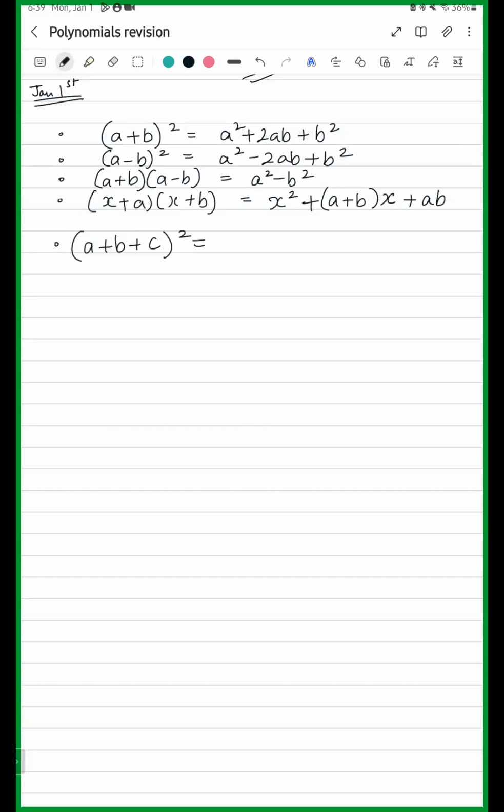This is a square plus b square plus c square, because there's a square over here, right? Plus, now over here, there were only two terms, so we have 2 times the product of these two terms. Here we will have 2 times ab plus 2 times bc plus 2 times ca. Or you can just take the 2 common and it will become 2 times (ab + bc + ca).